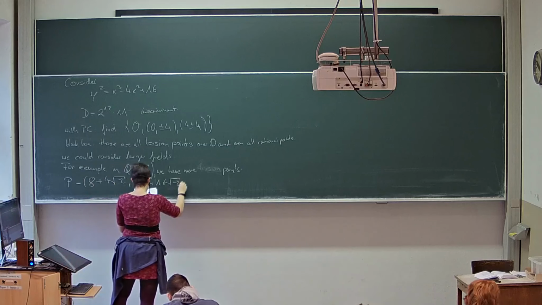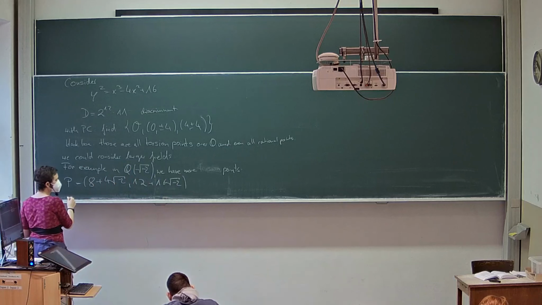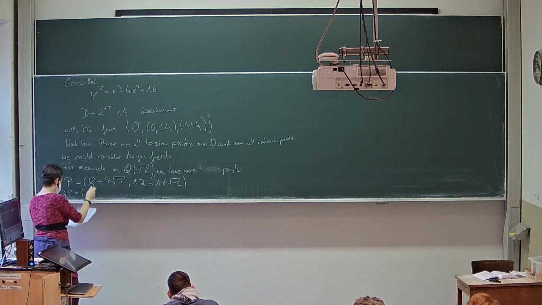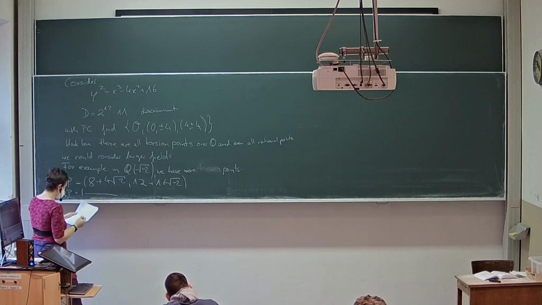And we can compute the double of this point with just our formulas, and we just have to be okay with the fact that there's a square root of -2 there.